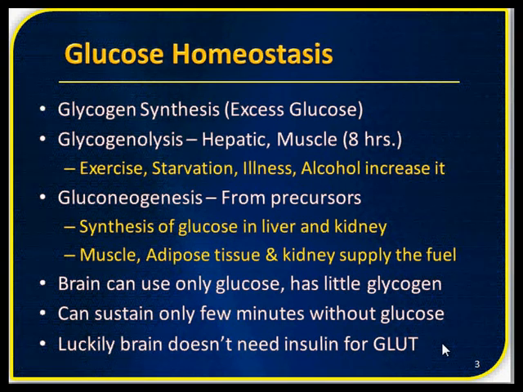But the type of GLUT in the brain does not require insulin. That is the reason when we treat hypoglycemia, we don't need to give insulin. Otherwise, if the brain needed insulin, we would have treated every patient of hypoglycemia with glucose along with insulin. So that is the situation as far as homeostasis is concerned.